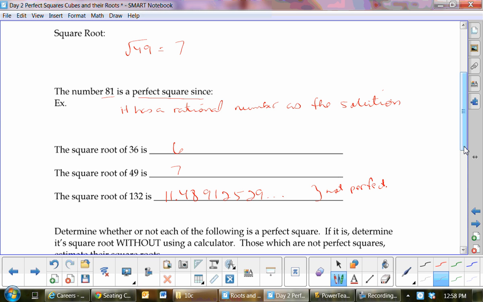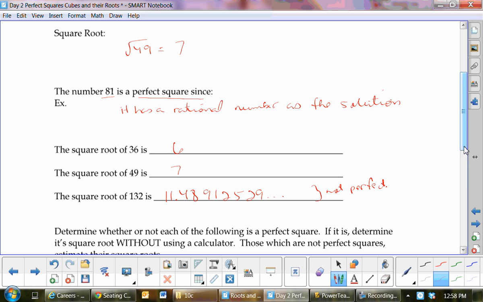Yes? Because non-terminating with repeating is rational. Right? And that's why we went through those number systems last class, because I needed you to have that foundation. But irrational, dot, dot, dot, and no pattern. You need those two things.